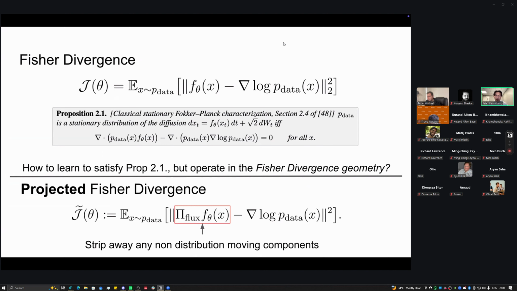So this allows you to still satisfy prop 2.1. As long as this Fisher divergence is equal to 0, the proposition is satisfied, while also maintaining this vector field-like geometry.